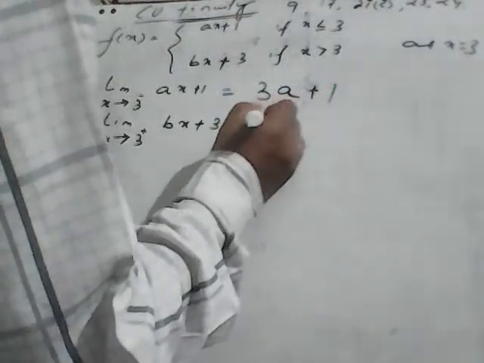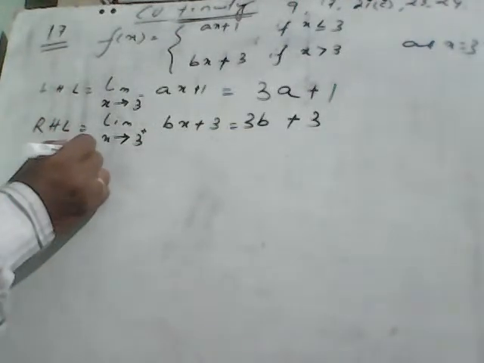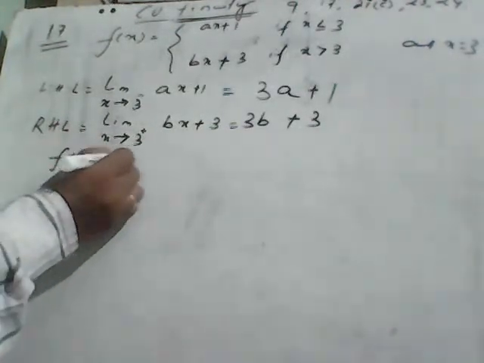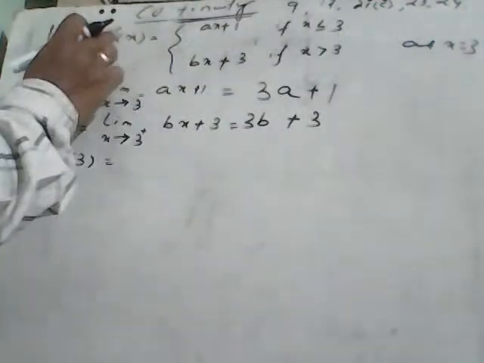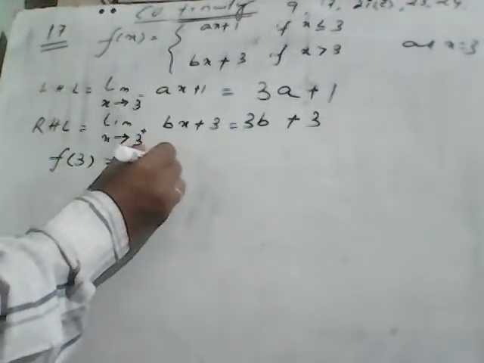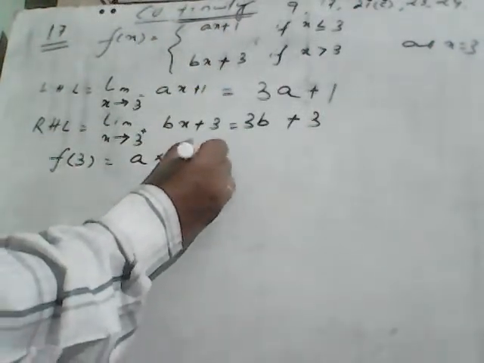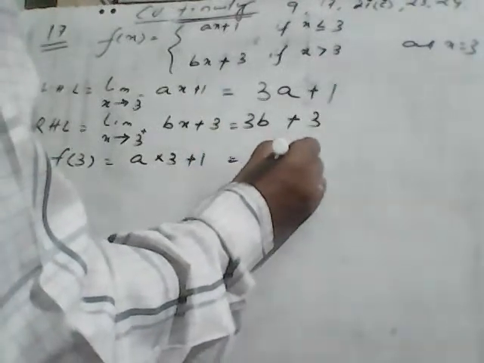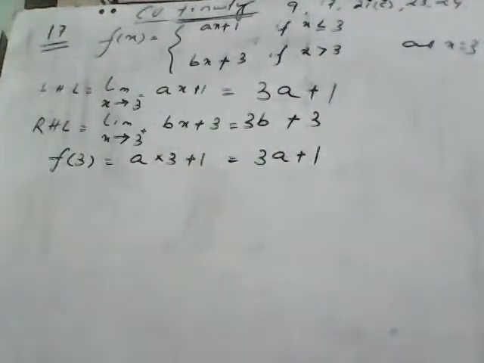So the result is b into 3, that is 3b plus 3. Then f(3): when x is equal to 3, our f(x) is ax plus 1, so you can write a into 3 plus 1, which is 3a plus 1.